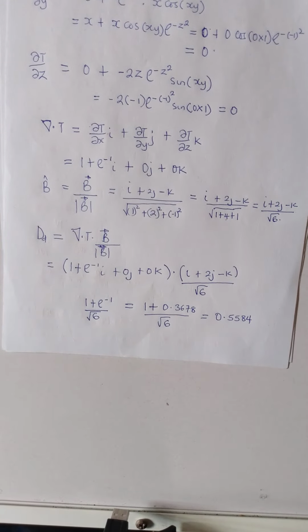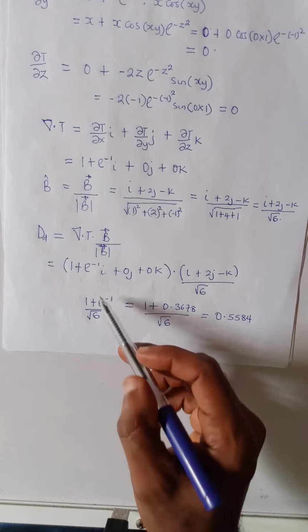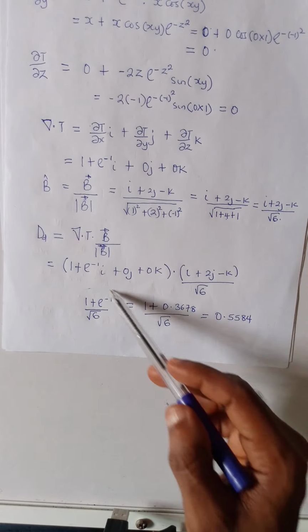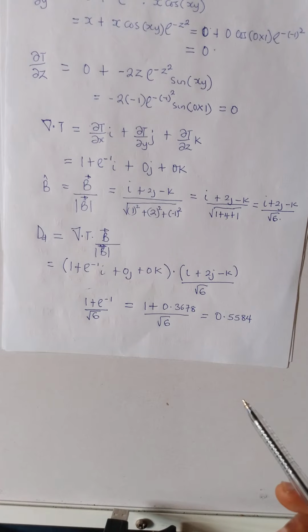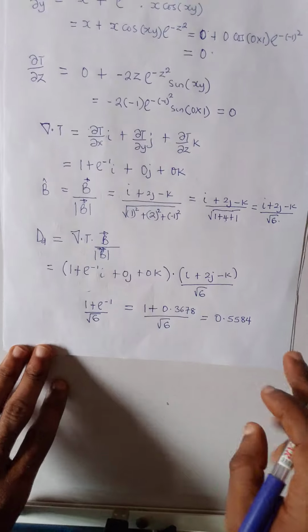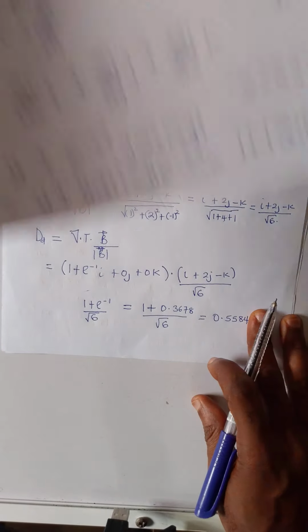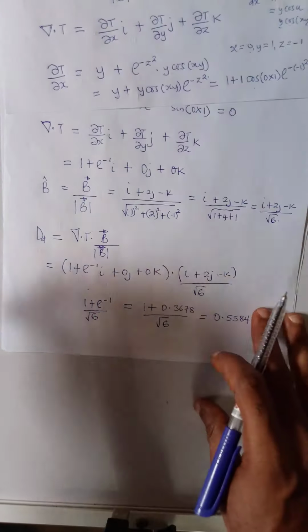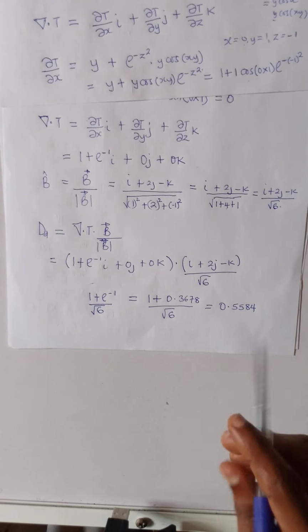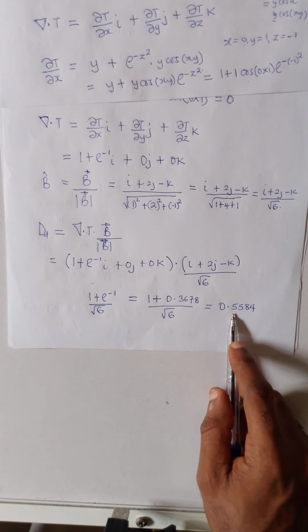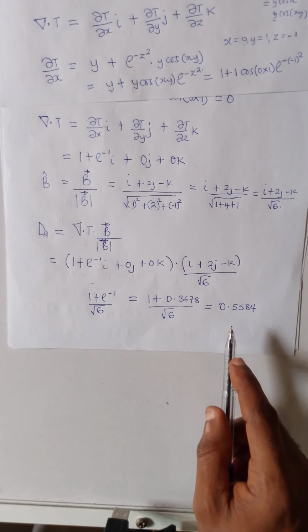Okay. And so in this question now, we've gotten to almost the end, and this is the answer for the directional derivative in the direction of vector B. The second part of the question was for us to determine whether the temperature is increasing or decreasing.